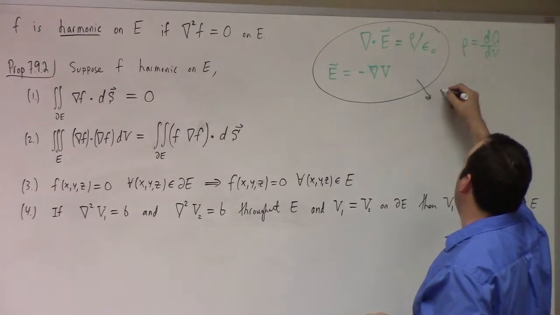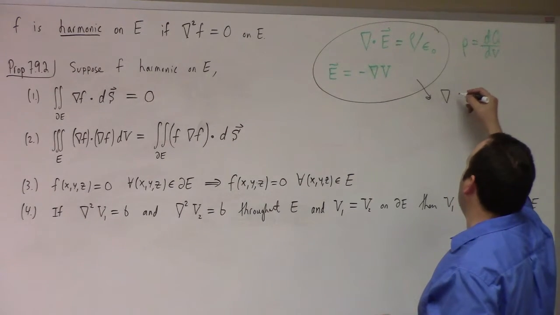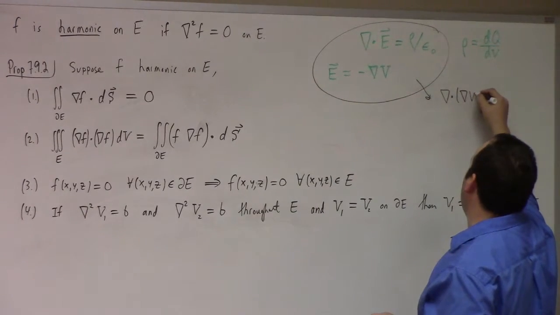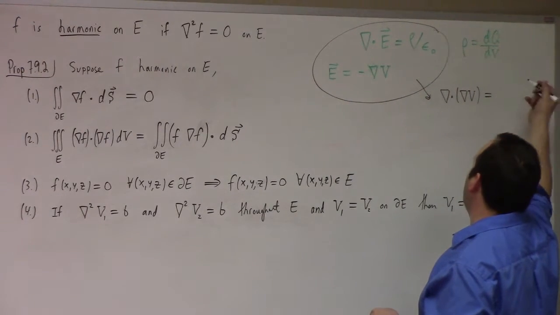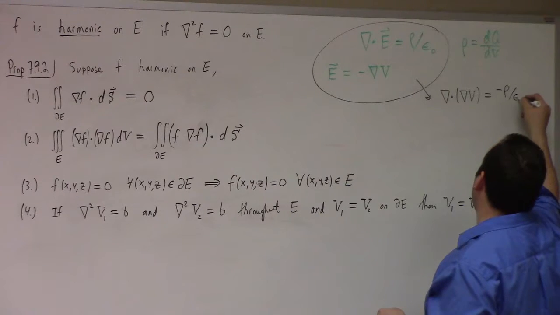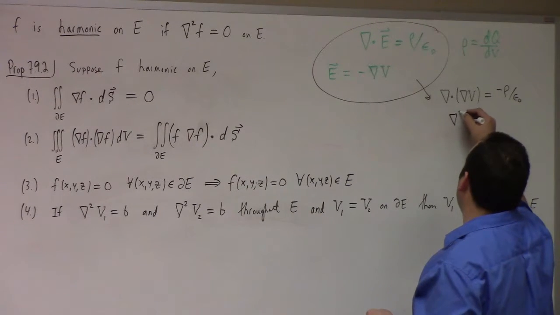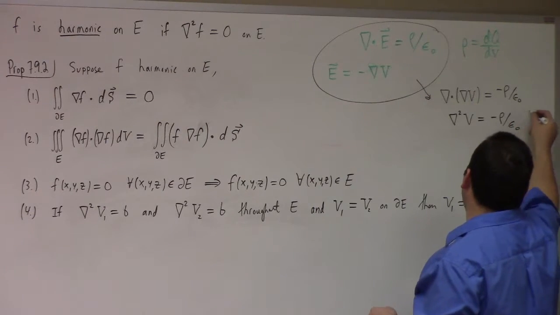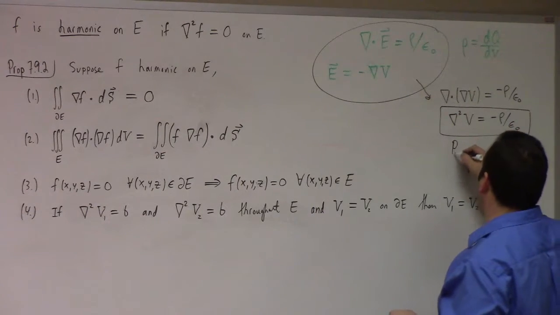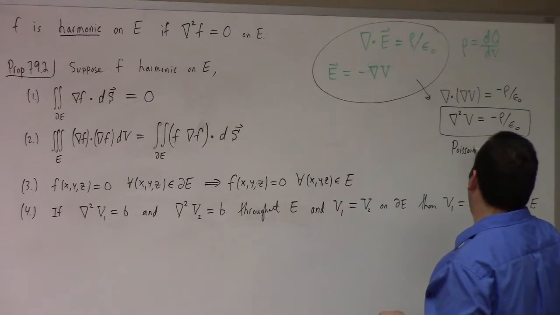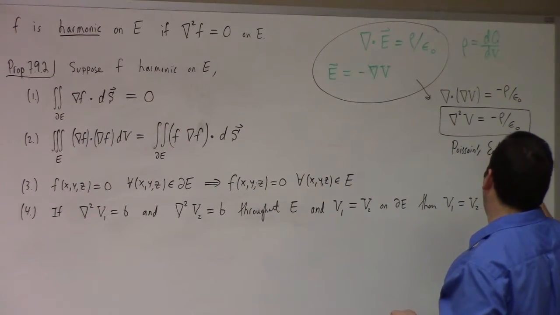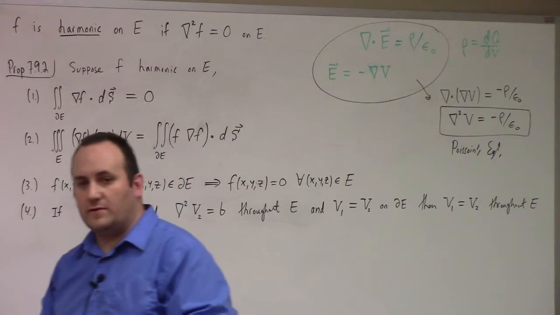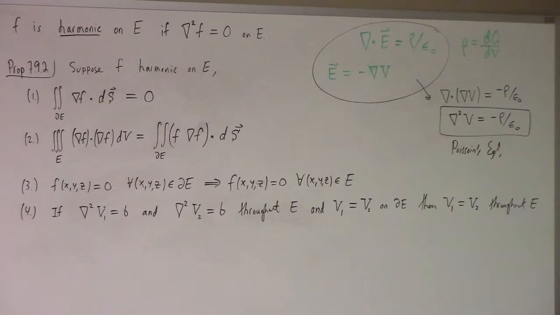You get the divergence of the gradient of V is equal to, I'll bring the minus to the other side, minus rho over epsilon naught. Or if you like, the Laplacian of the voltage function is minus rho over epsilon naught. This equation is known as Poisson's equation. When the charge density rho is 0, it simplifies to what's known as Laplace's equation.